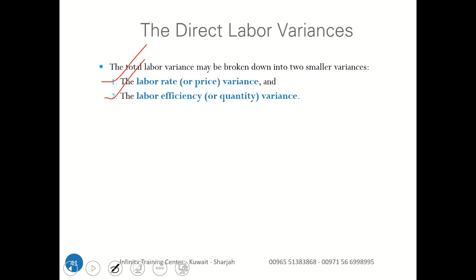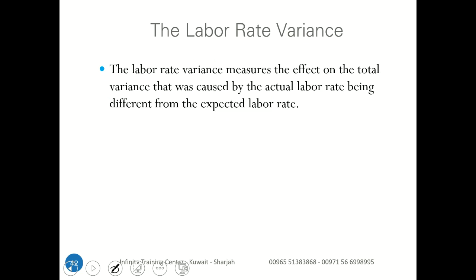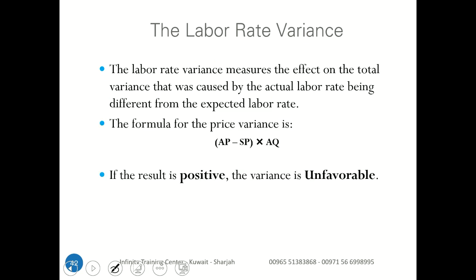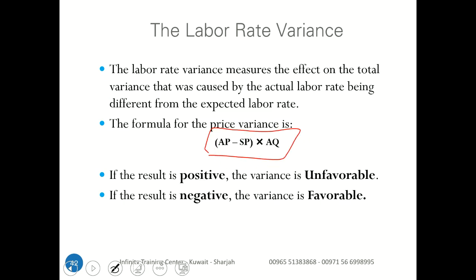So labor rate variance we can also call the price variance, and here we can consider the quantity variance, the efficiency variance. You used more labor hours, that means more quantity you used, or you paid extra for labor. That is considered as the price variance. And as we said, the formula is going to be the same: AP minus SP into AQ.